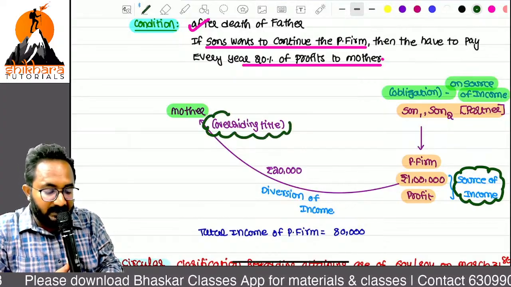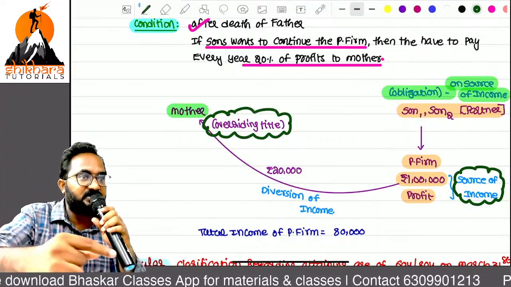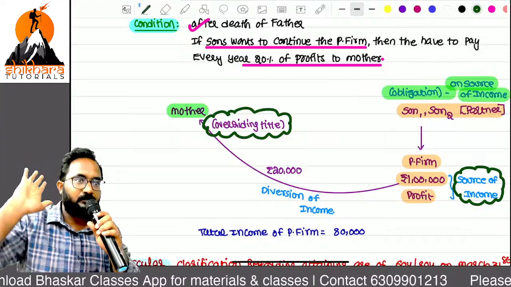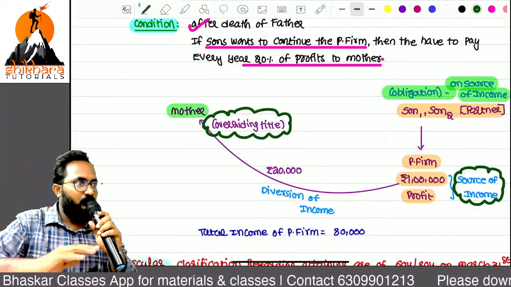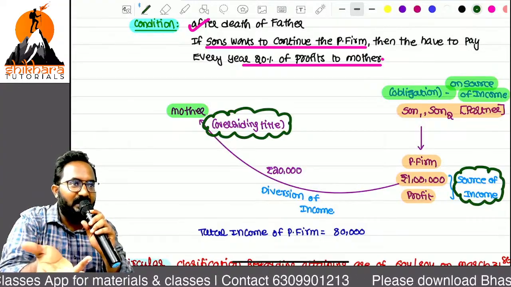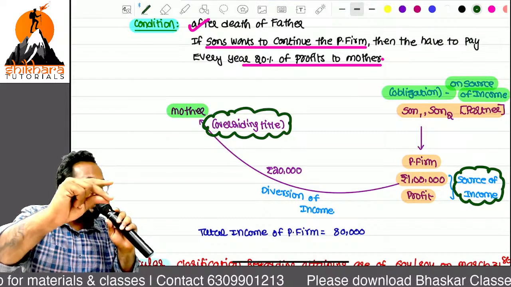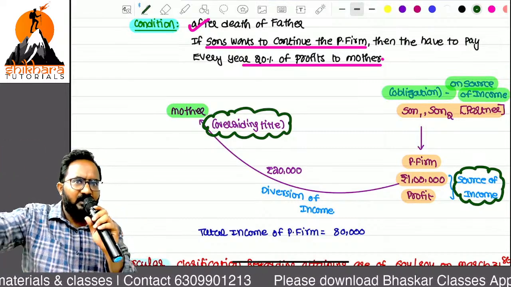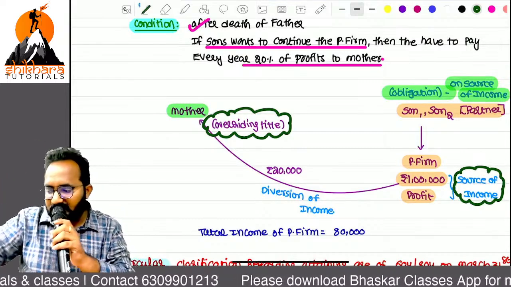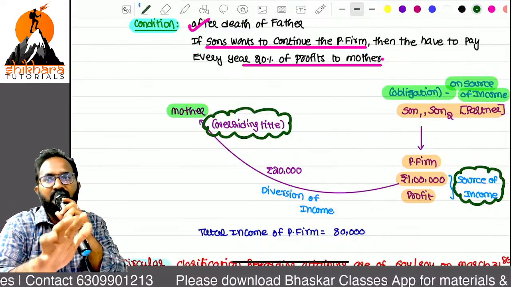Overriding title means if in any year they do not give the 20% share, this partnership firm should be dissolved. In the earlier example, for the ex-wife, no overriding title is there on the salary. But here, on that source of income, she has an overriding title. If they do not give the 20%, this partnership firm should be closed. Have you understood the differences, ma?